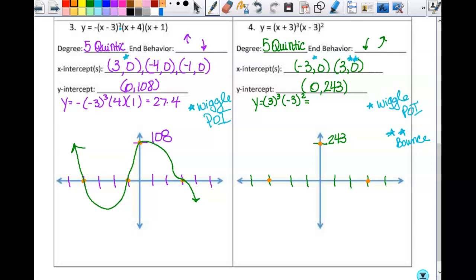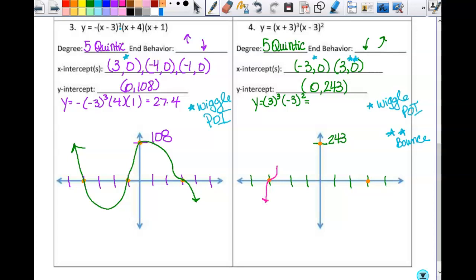Okay. Do you agree with everything I have so far? That you're going to have a wiggle or a point of inflection at -3 and a bounce at 3. So when I draw this in, since my point of inflection is right here, and I know it's supposed to be coming down, then I would go ahead and get that in there myself.